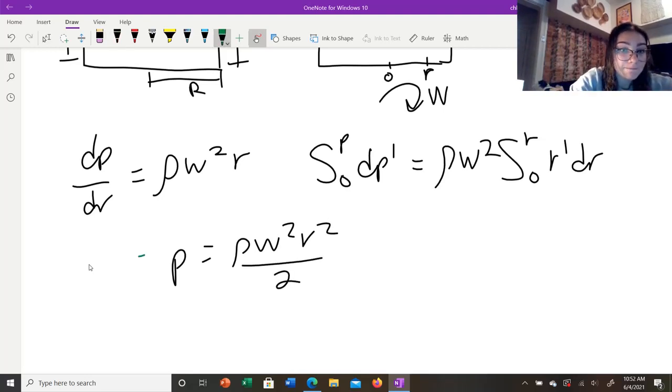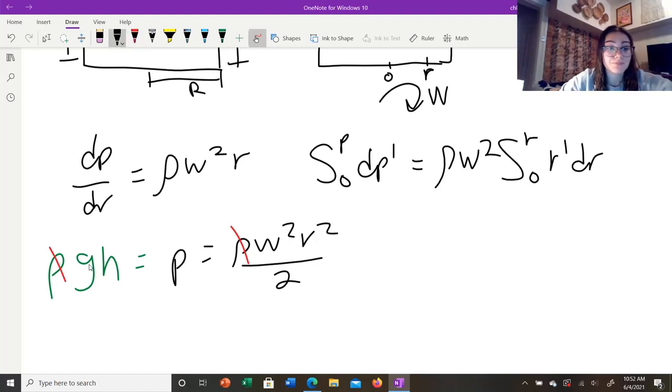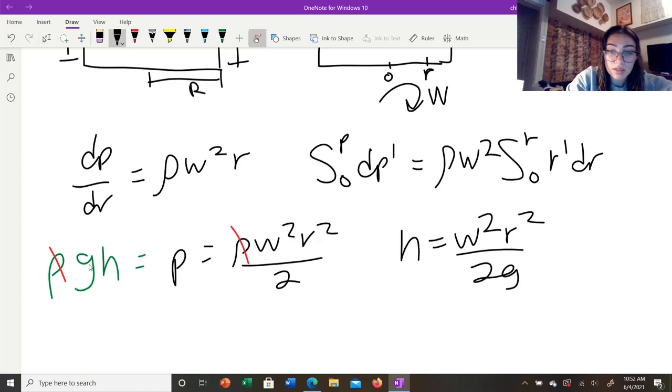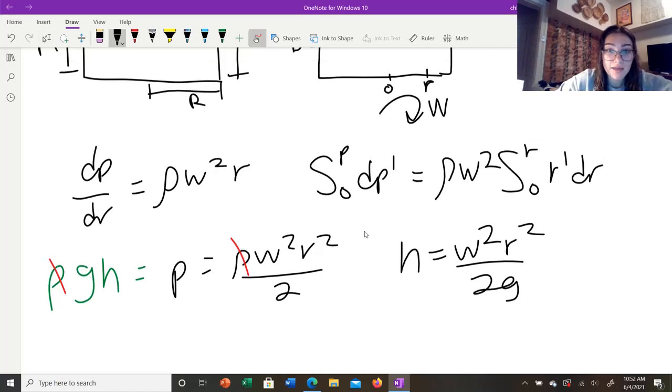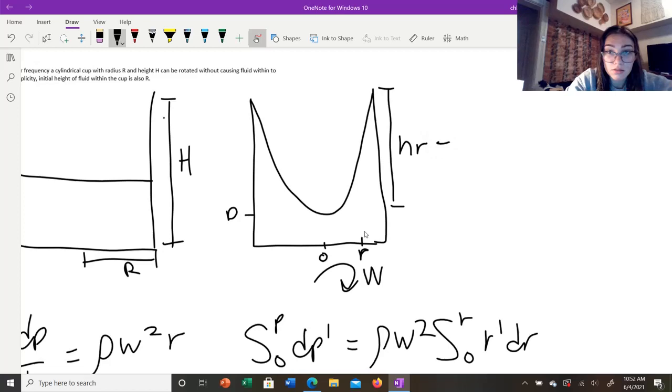But we know that the pressure is also rho g H, and once we do this, the rho and the rho will cancel. We're trying to find H, so that's why we did that. Now this can be rewritten as H equals W squared R squared over 2g. And this little h right here, that is HR, which is equal to W squared R squared over 2g.